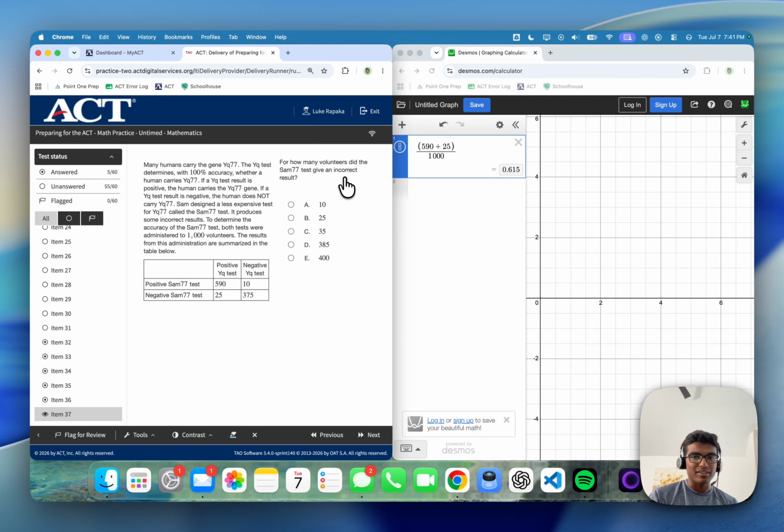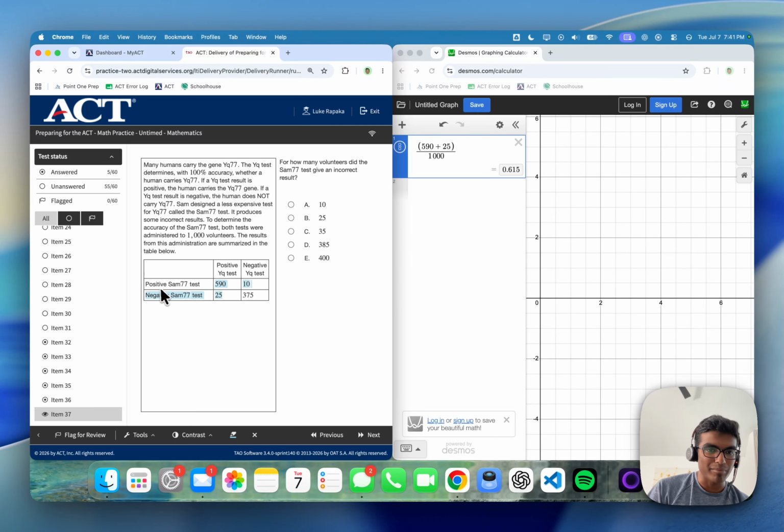Okay, so how many volunteers did the SAM 77 test give an incorrect result? So okay, for this one, this is kind of what I was saying earlier. The SAM 77 is not exactly reliable, right?